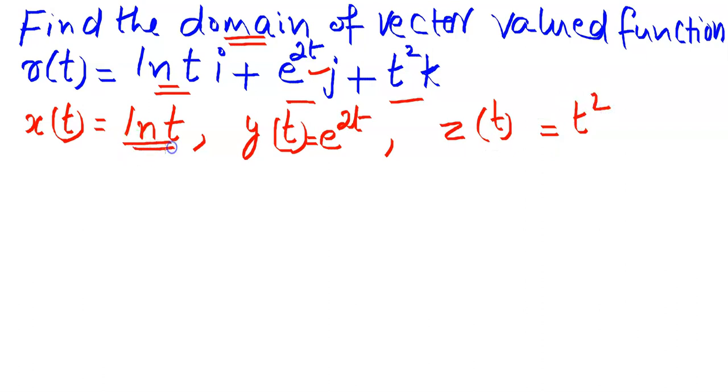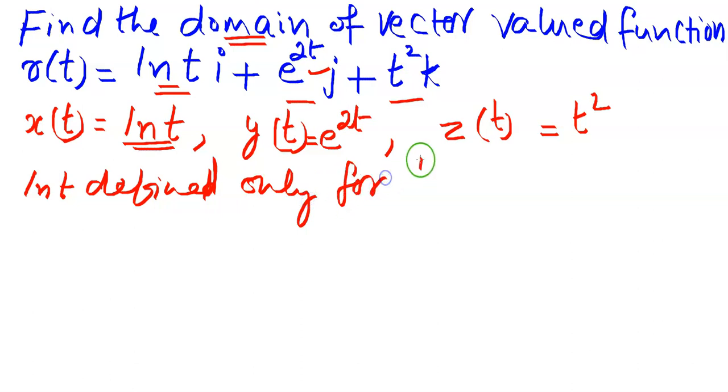First, x of t is log t. Log t is defined only for t greater than 0. It is an important point. Log t is defined only for t greater than 0.